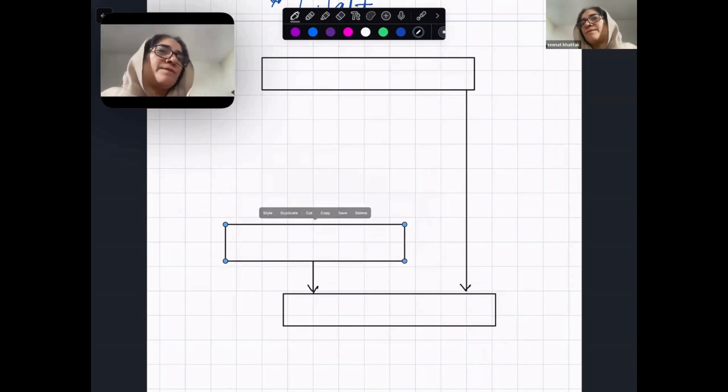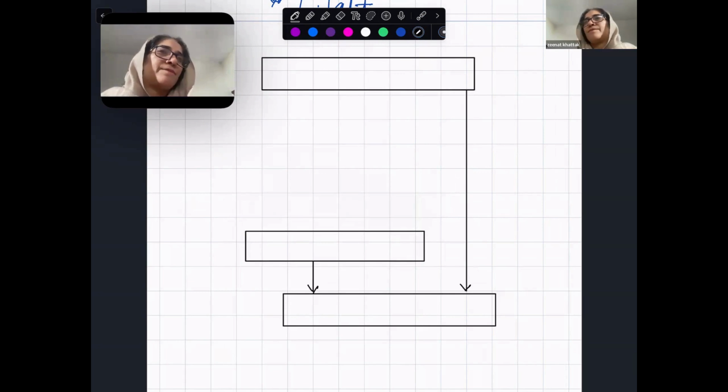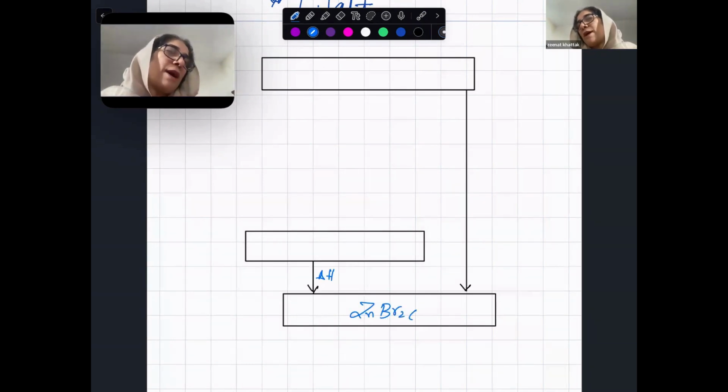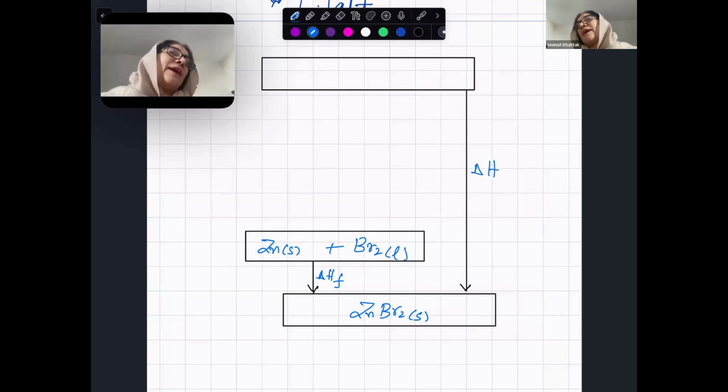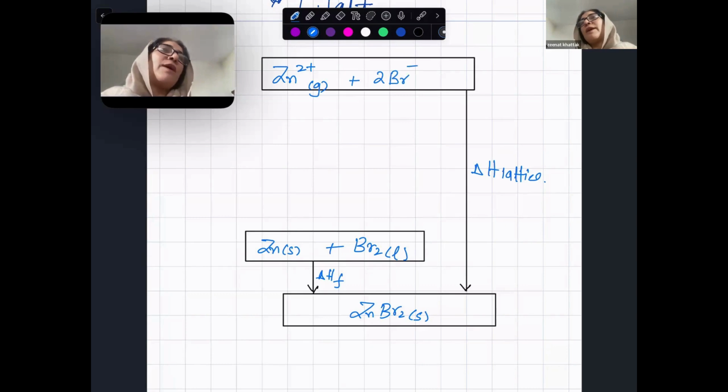The smaller one is formation of zinc bromide solid from zinc solid and bromine, which at standard condition is liquid. And this is delta H lattice, making 1 mole of zinc bromide from zinc gaseous ions and 2 bromides.